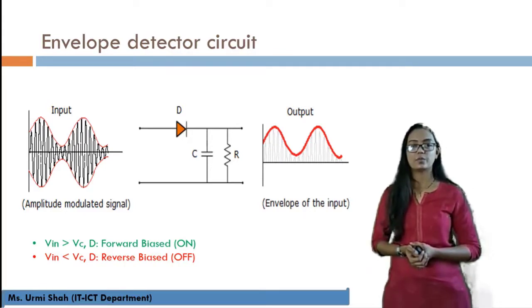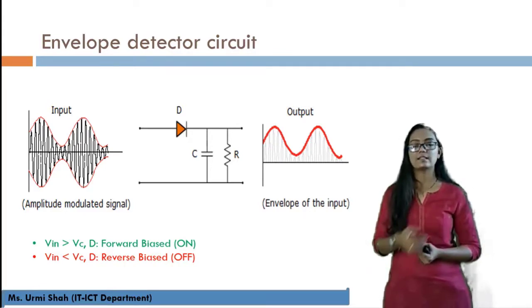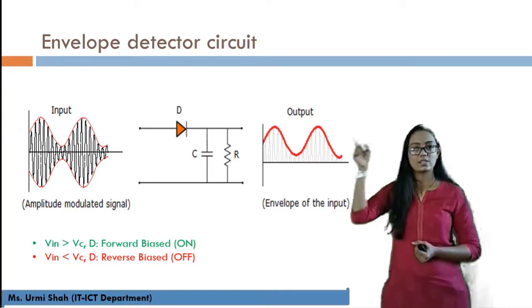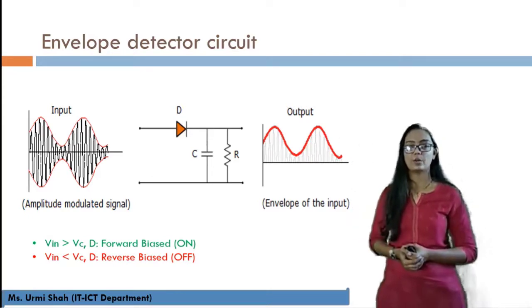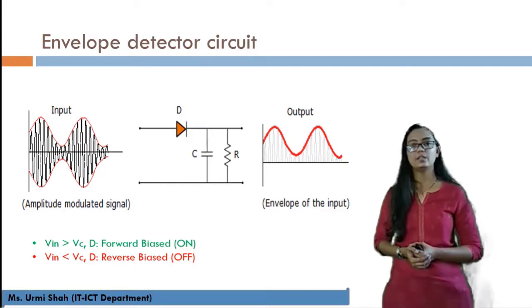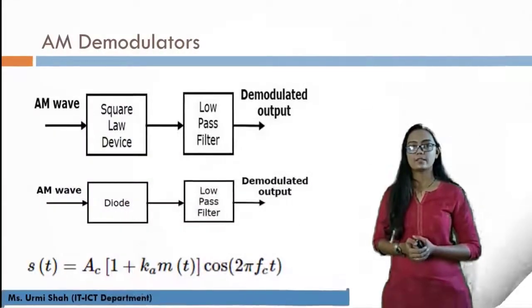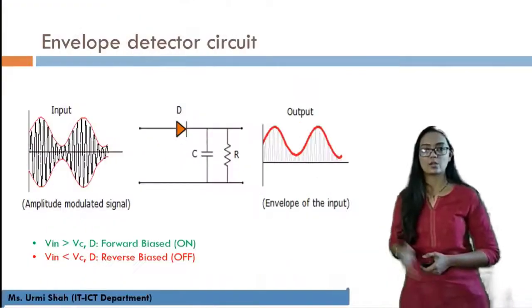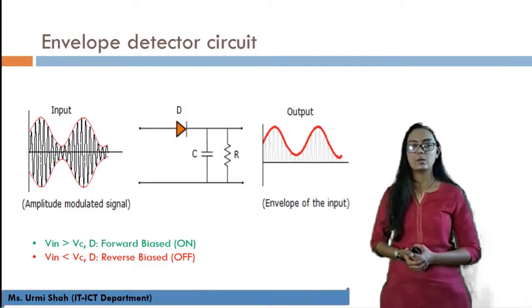Otherwise, whenever the voltage at the capacitor end is higher than the voltage at the diode end, at that time the diode will be off and in reverse bias condition. So at that time the capacitor is going to discharge. This is the basic working of the envelope detector circuit. This way the original message signal will be retrieved back using this envelope detector.